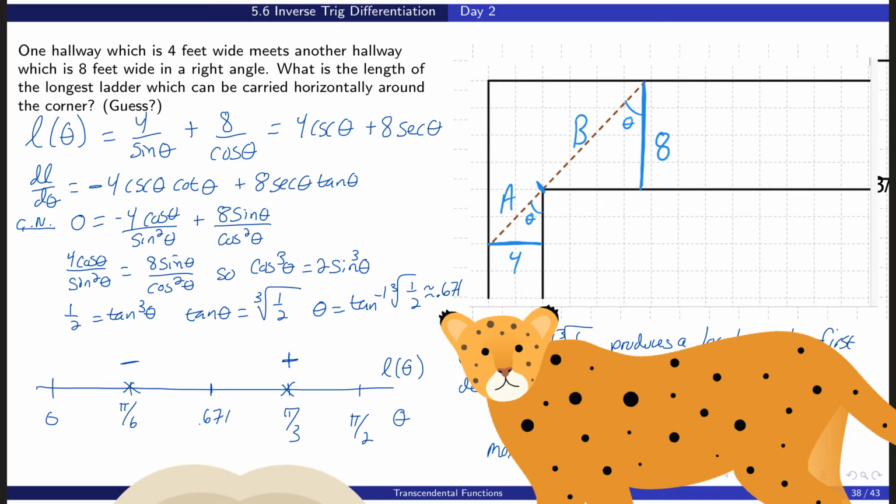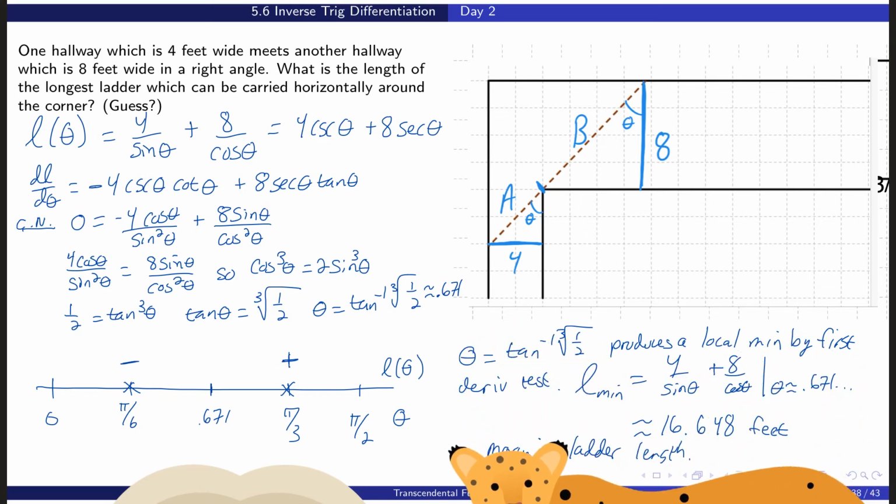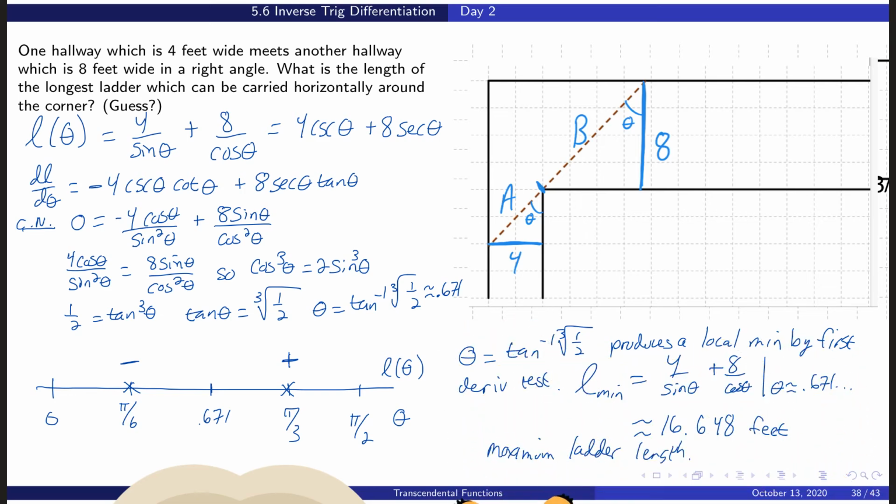When I plug that into the length function, when theta is 0.671, I get 16.648 feet. So a ladder that's 16 feet will fit around the corner, but a ladder that is 17 feet will not.